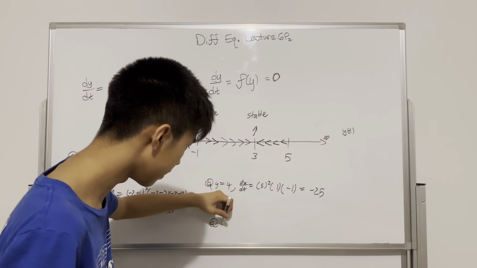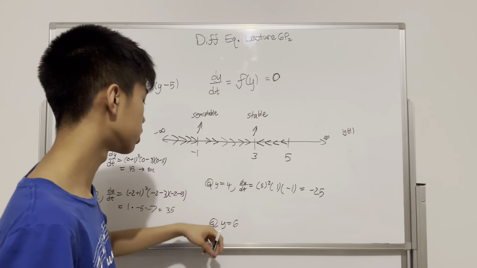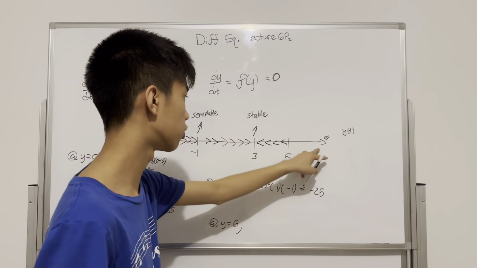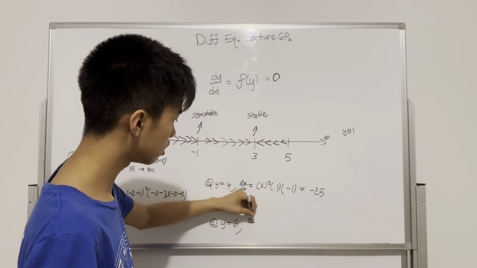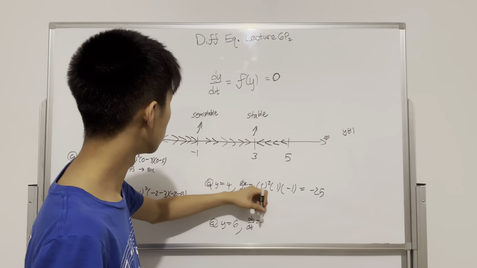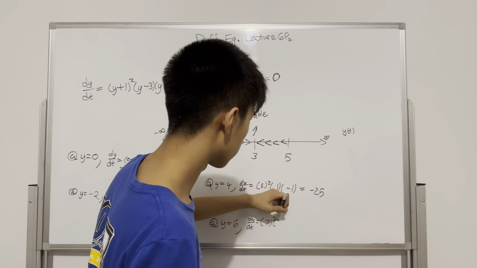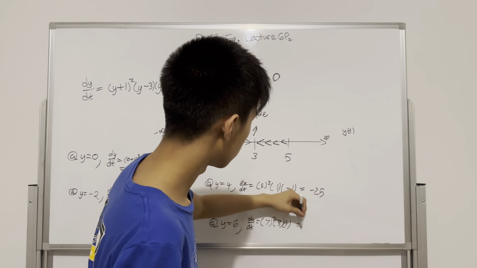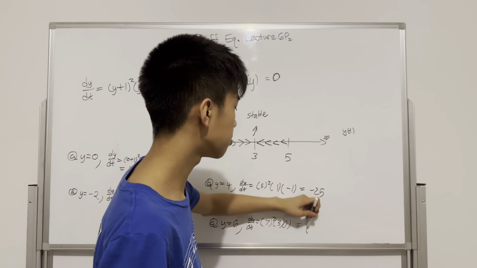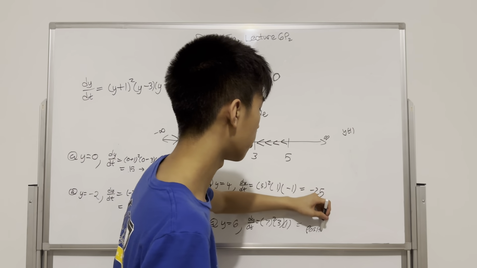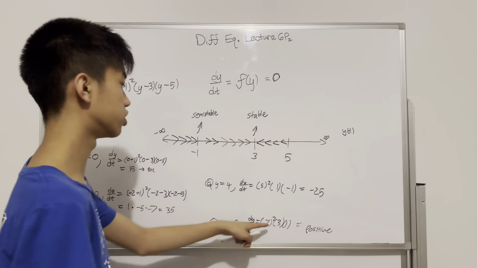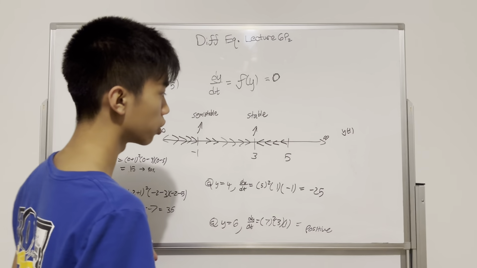Now let's classify 5. Let's say we have y equals 6, for example. We're trying to solve for this section. dy/dt equals 7 squared times 3 times 1, which is 49 times 3, obviously positive. I'm not going to even try to figure it out. You understand it's positive because it's all positive numbers being multiplied with each other.